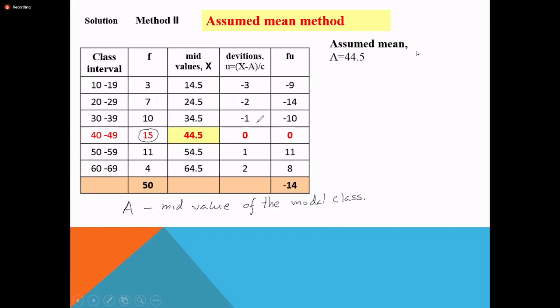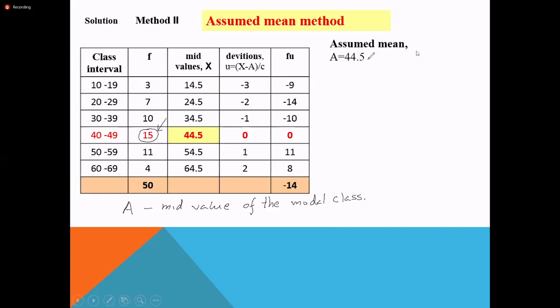What is the specialty we are taking here? Normally, the mean mostly falls among the values with the highest frequencies. That is the trend. The value with the highest frequency is the one closest to the mean, so the difference is very small. That is why we say take this one here.